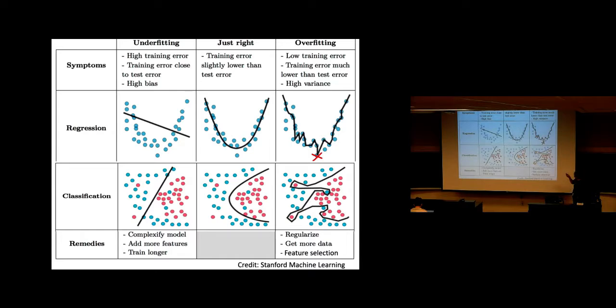Because it was fitting it there. So this means a high variance model. A high variance model means if you make some changes on the training data, the model varies a lot.